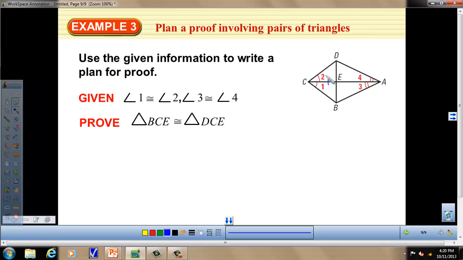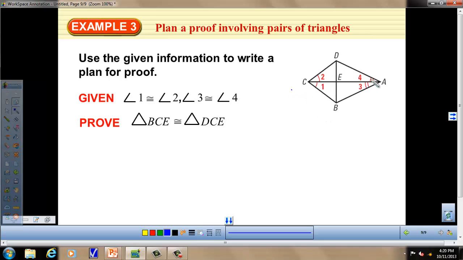So instead of proving that these two triangles, BCE and DCE, are congruent, we're going to look at ABC right here and see if it's congruent to ACD, and then use CPCTC to prove that the two smaller triangles are congruent.